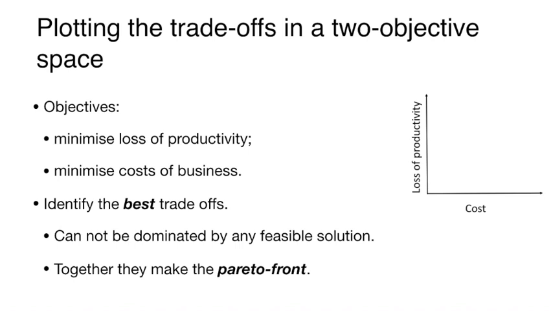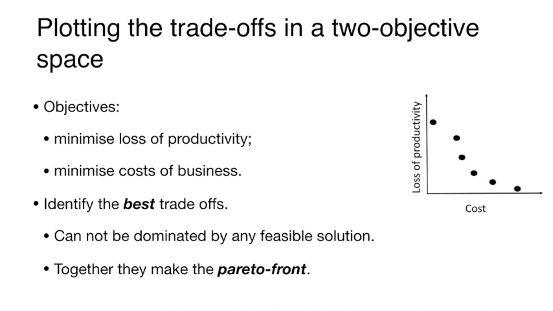Although what is the best trade-off will be decided by the business, here we consider those trade-offs the best that cannot be dominated by any other feasible solution. Together, these solutions that are not dominated by any other solutions constitute what we call a Pareto front as well.